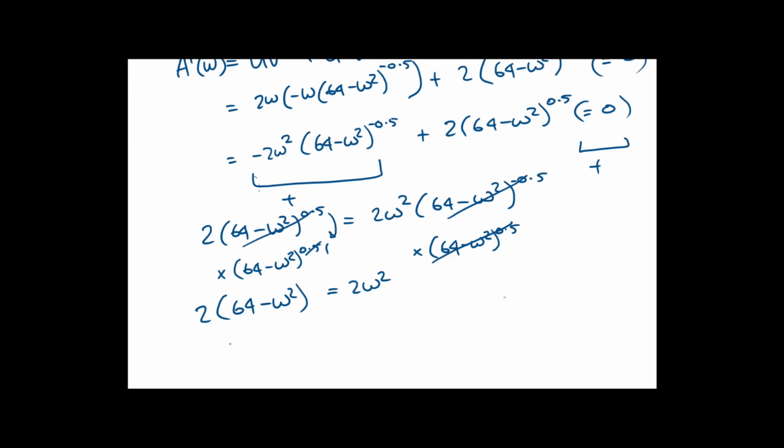So let's divide both sides by 2. Those two are going to cancel. So 64 minus W squared is going to be equal to W squared.